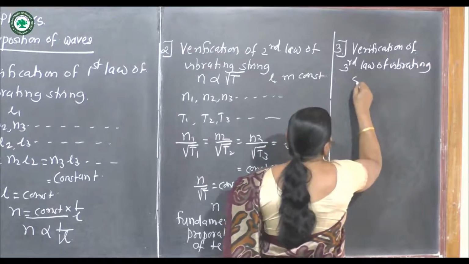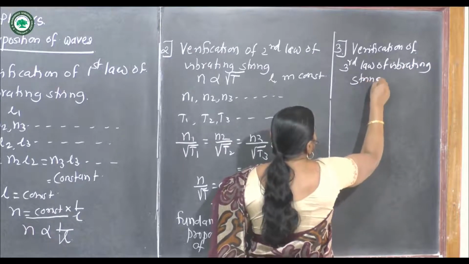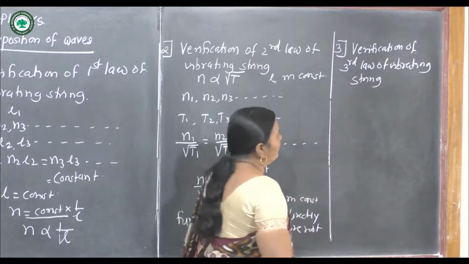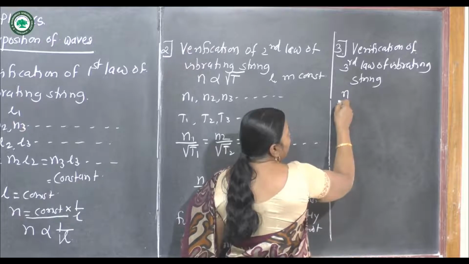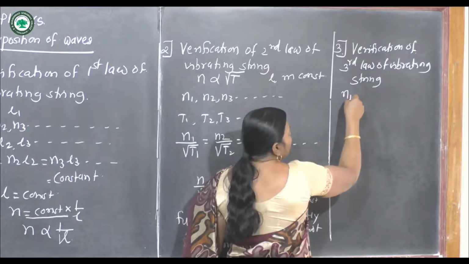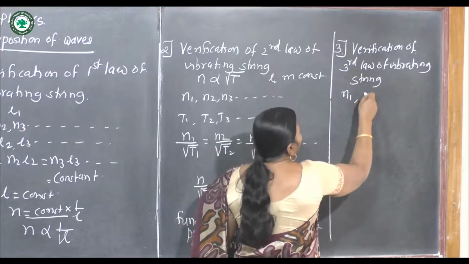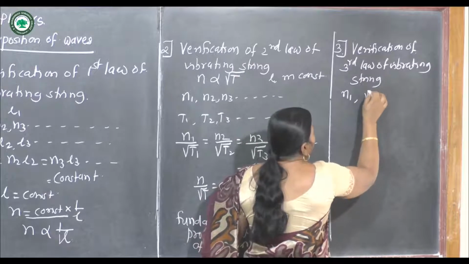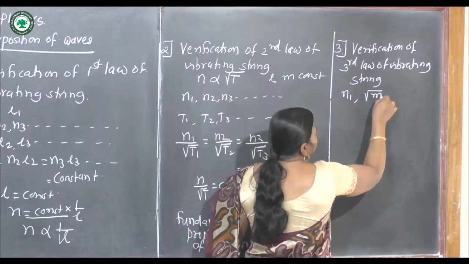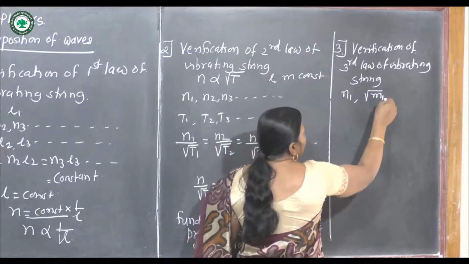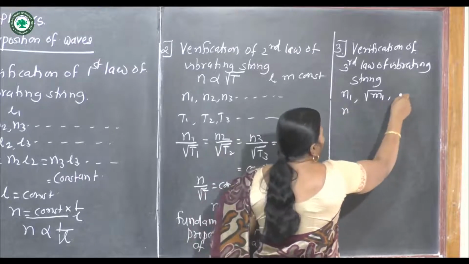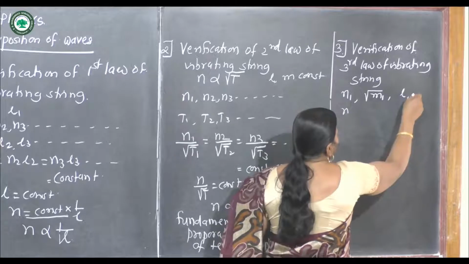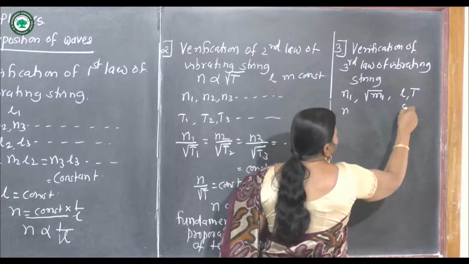In this case, the frequency of the tuning fork is N1. The corresponding mass per unit length is M1. Suppose we take length constant and tension T constant.